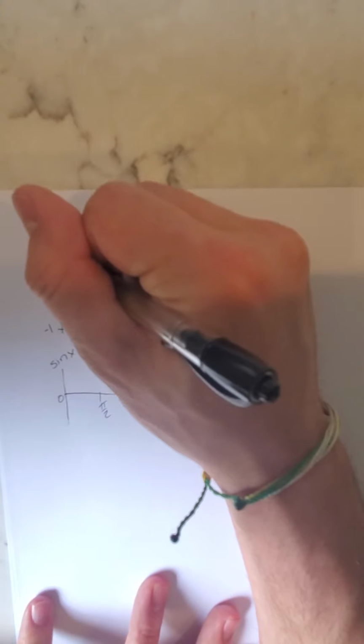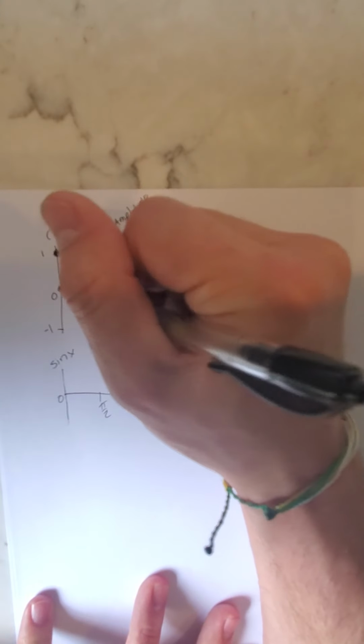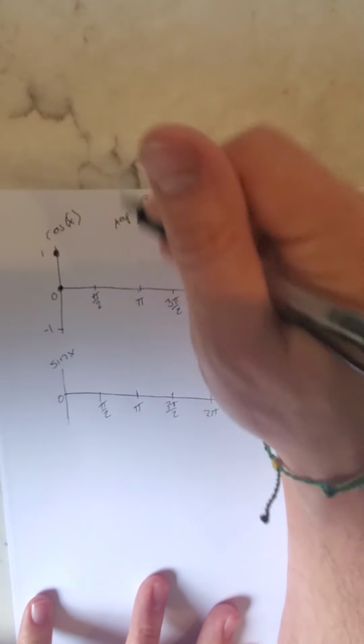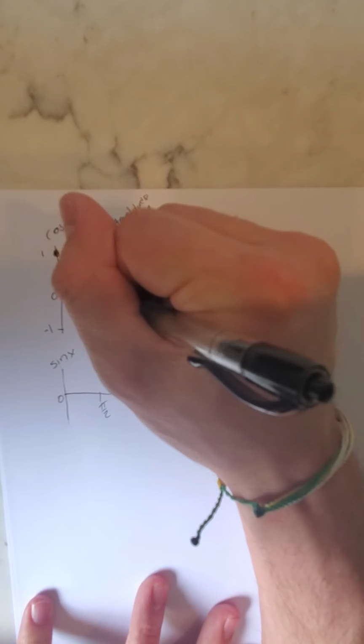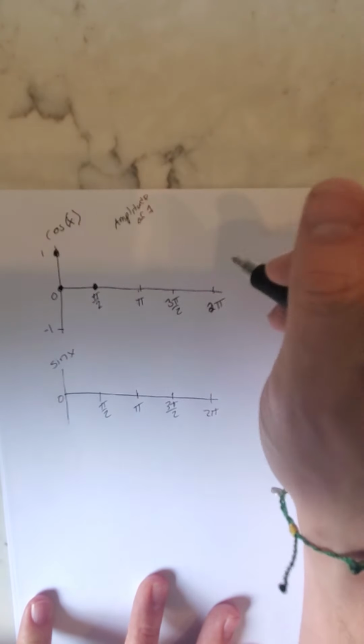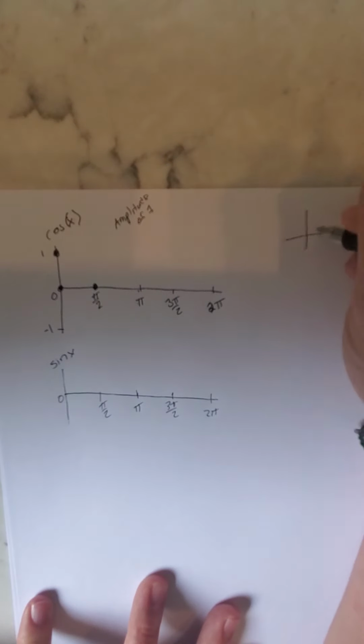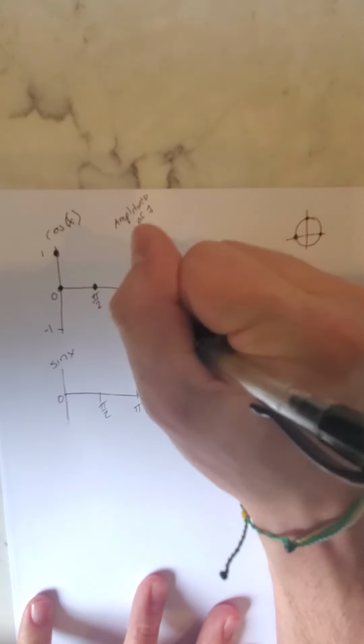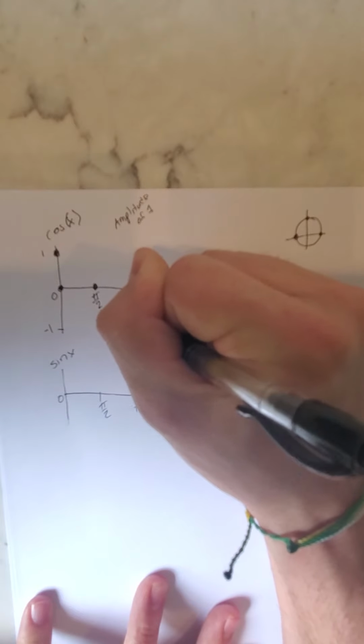So our first point is 1. Then our next point when we go around the unit circle on the y-axis up on the top is going to be 0. And then as we go around, here was 1, here was 0, here, on your unit circle, is -1.